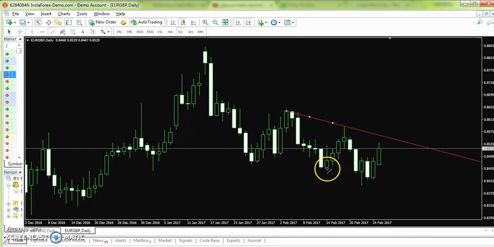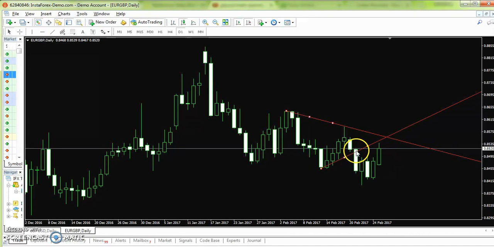How can I determine it? If I apply it retrospectively, I just draw the trend line, the angle on the upside, and I connect from the bottoms. Just connect these 2 points, right? So this is the upward trend line.